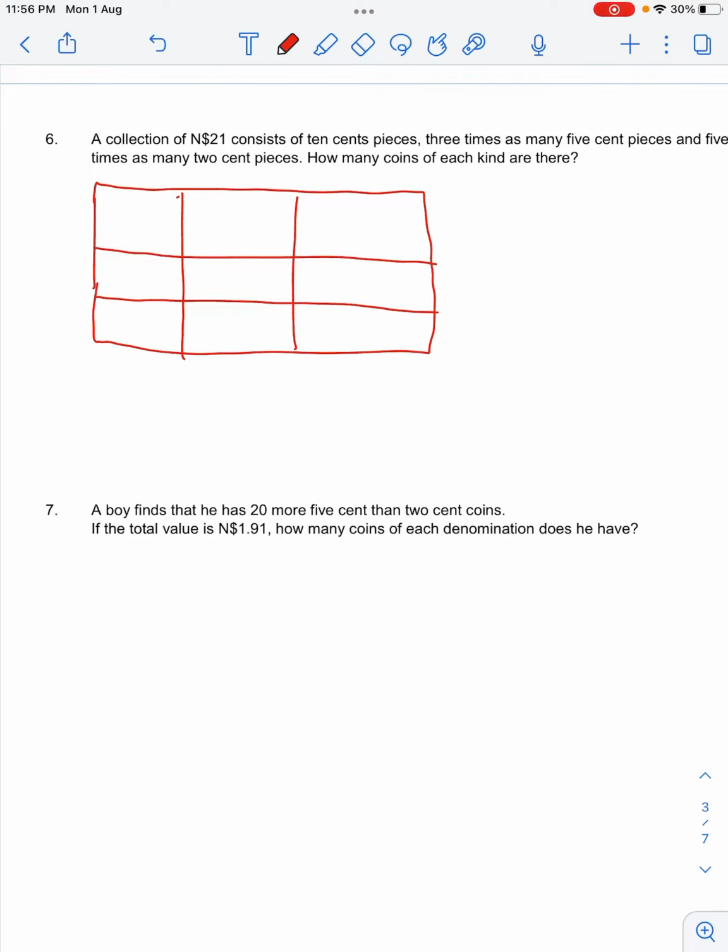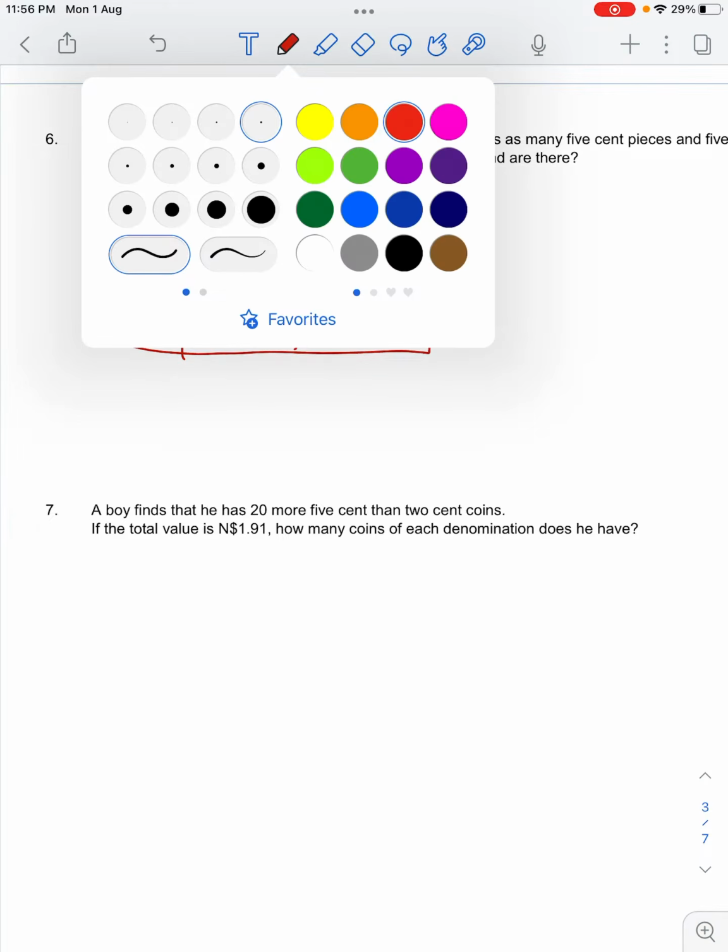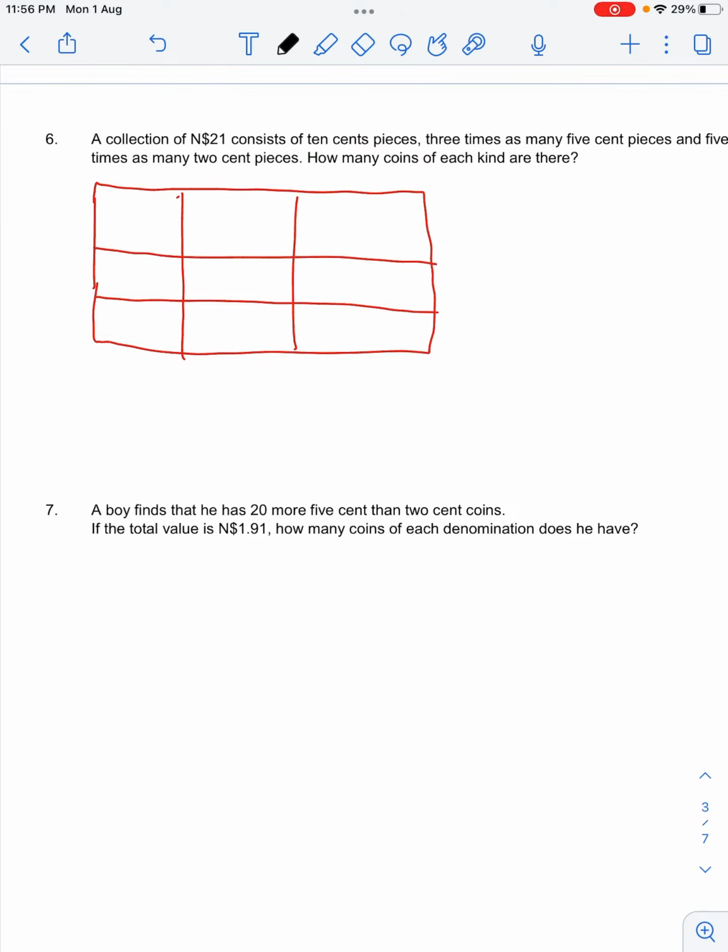So here I'm going to say the number of coins. The first column, I'm going to have the number of coins, multiplied by the value of each coin, and this is going to equal the total value.